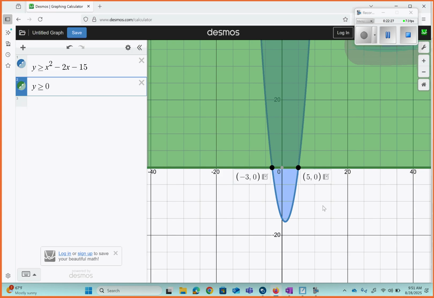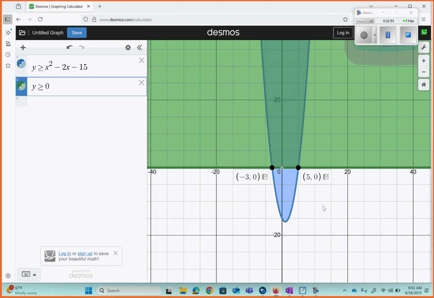So that means that the 3 is not a round bracket. It's going to be a square bracket, because that dot is part of the equation. It's also equal at that point. And then my domain is going to go from square bracket 5 to infinity.